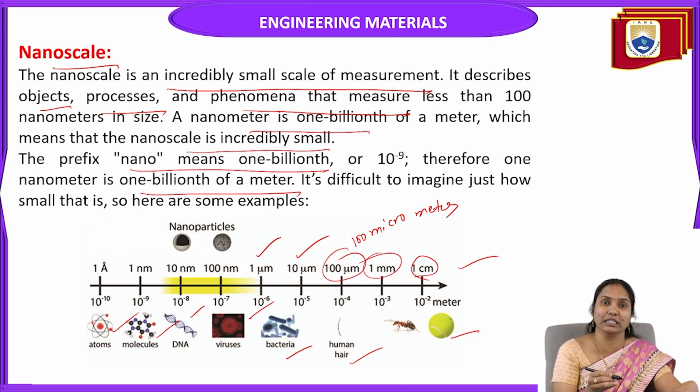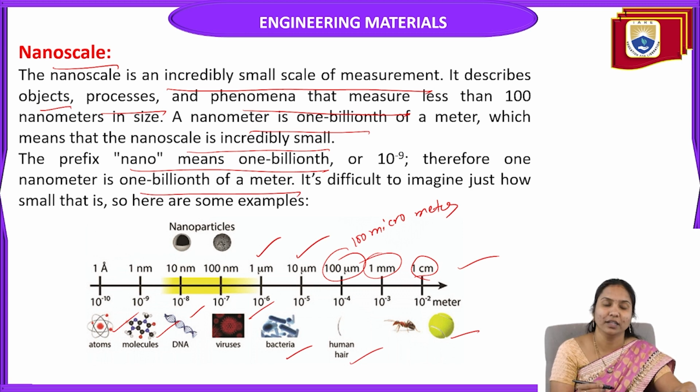We cannot see these atoms, molecules and DNA with our own eyes because they are very small; we can see them only by using microscopes. This nanoscale is an incredibly small scale of measurement.